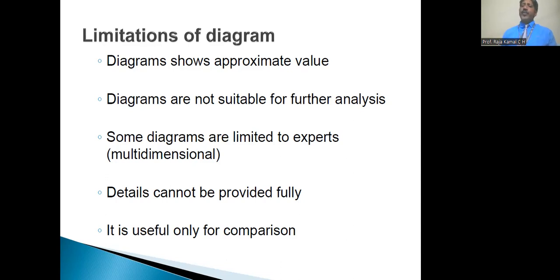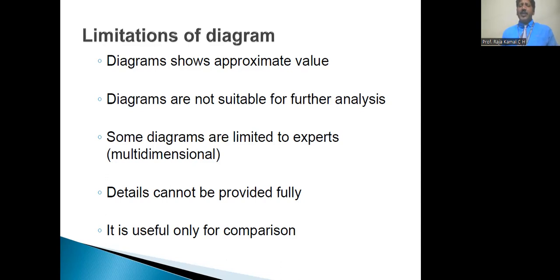If I want to go for further analysis, I have to use either graphs or the table values for further calculation, so that I can find out the other reasons why it happened like that. Simple diagrams like bar diagrams and pie diagrams can be understood by common people.